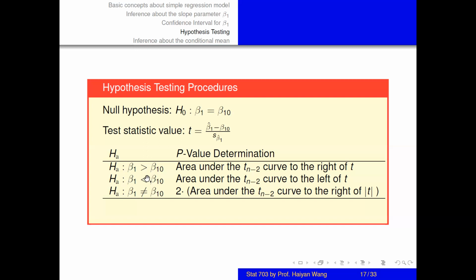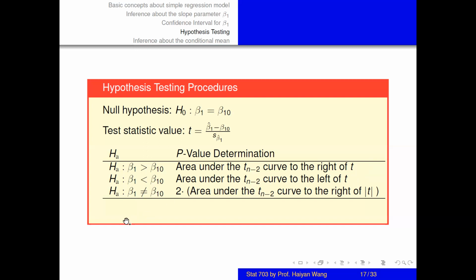On the other hand, if the research hypothesis is beta 1 less than beta 1 0, what we suspect and need evidence to prove, then the extreme is that the statistic values are too small. So the p-value would be the area under the t-distribution with n-2 degrees of freedom, to the left side of the observed calculated statistic t.